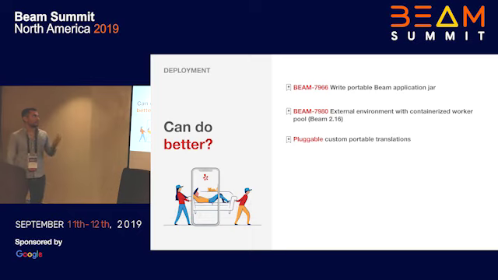The second ticket is Beam 7980, which is about creating an external worker pool. The idea there is that you basically have this separate container that will talk with the operator, that executes the SDK-specific code, and will launch workers on demand.